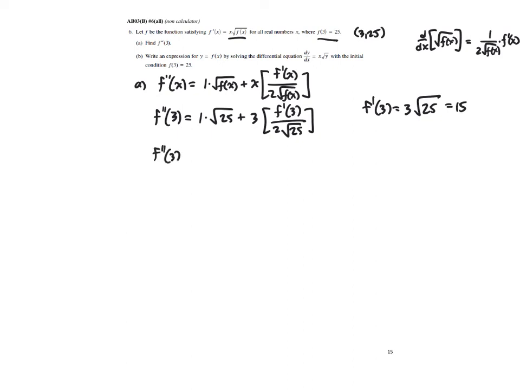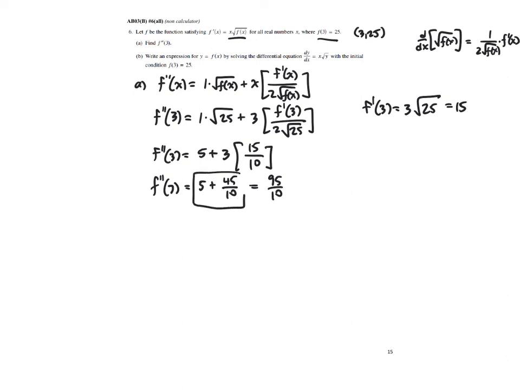Therefore, f double prime at 3 is going to equal 5 plus 3 times f prime at 3, which was 15, over 2 times 5, which is 10. Let's clean this up and finish it off. Notice how you are never free of your original basic skills on chain rule, product rule, all that good stuff. So it looks like that would be 45 over 10, so I could simplify that to 9/2, or you can actually leave it in this form as well.